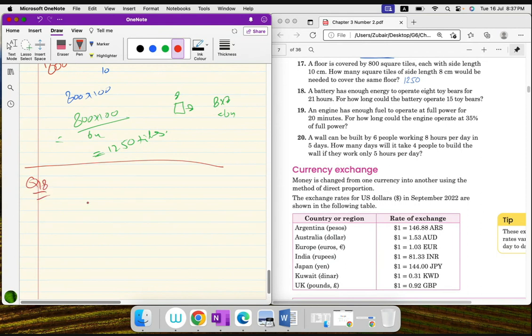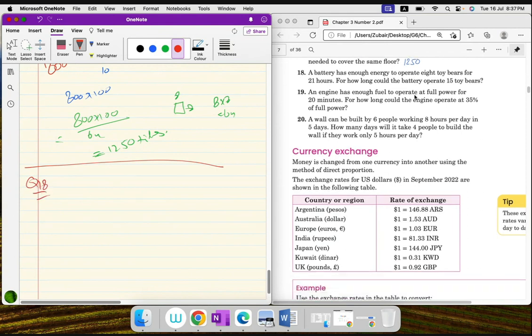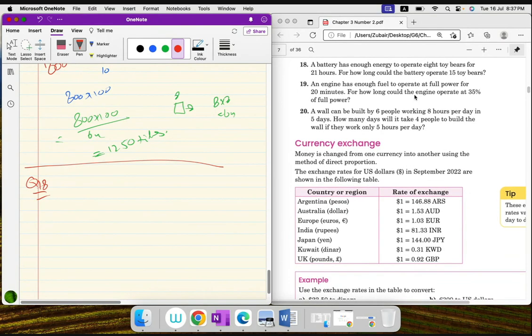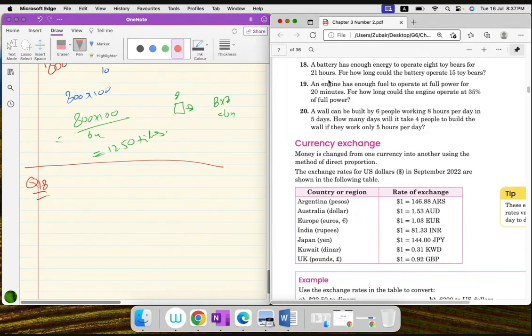Question number 18. A battery has enough energy to operate 8 toy bears for 21 hours.